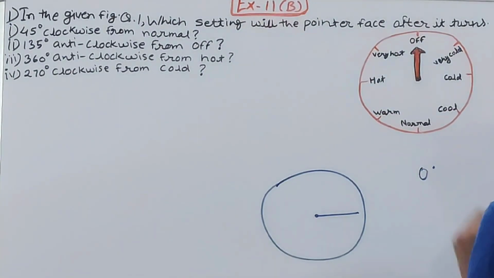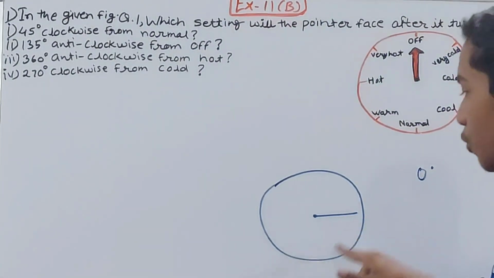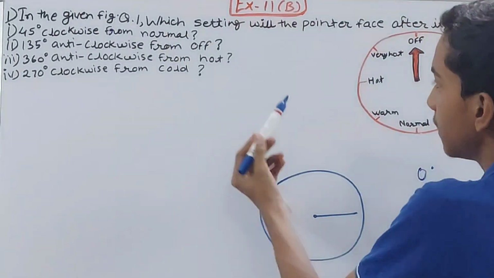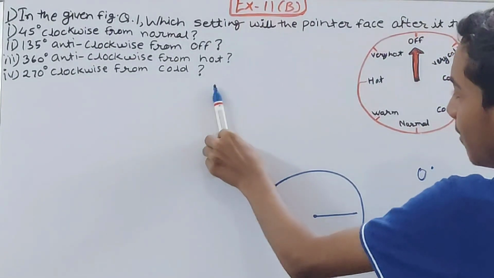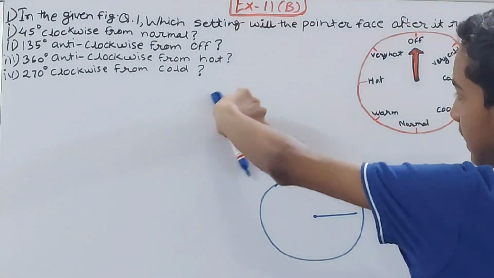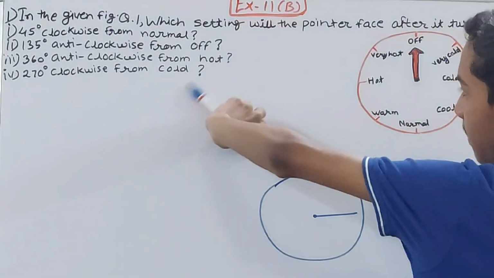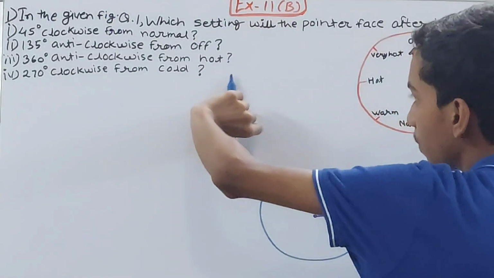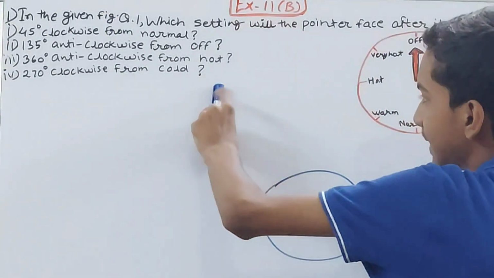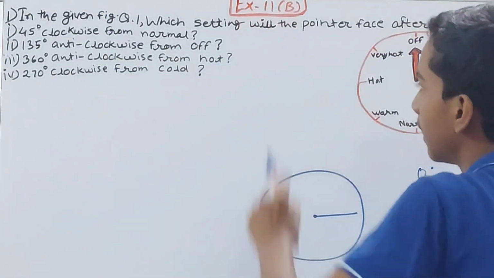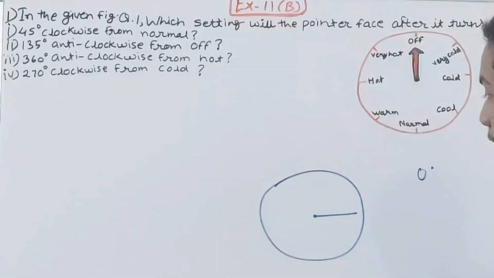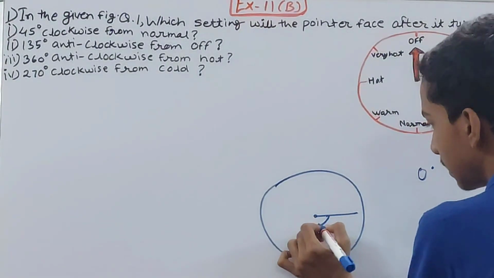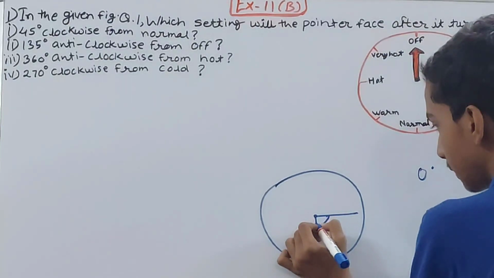When I move it clockwise, clockwise means with the direction of the clock. A clock goes 12, then 3, then 6, then 9, and back to 12. This is clockwise, and anti-clockwise is 12, 9, 6, 3, and back to 12. So we are going clockwise here.